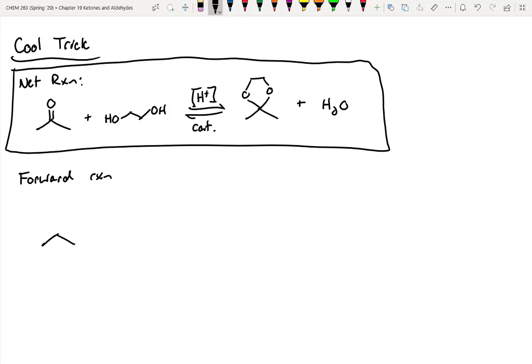In order to do the forward reaction, we're going to use the same reagents. But this time we're going to say H plus is catalytic. And in order to get this out of equilibrium conditions, we're going to remove water during the process. So I'm going to write minus H2O.